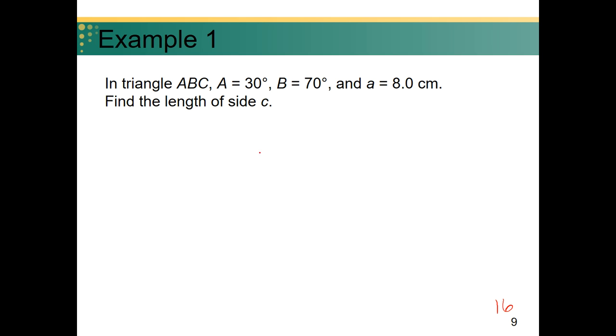Okay, so for example, we have capital A is 30 and B is 70 and little a is 8. We want to find little c. So the partners that we have are A and a, and we want c, so we're going to have little a over sine A equal little c over sine C as our goal, because we're trying to solve for a side, so we should put the side in the numerator.